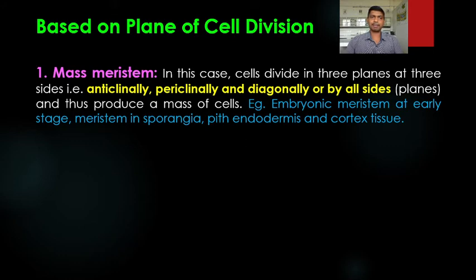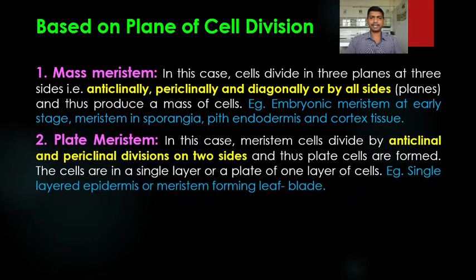This is the example of mass meristem, where the cells divide anticlinally, periclinally and diagonally, or by all sides or planes. So the meristem is a mass meristem.